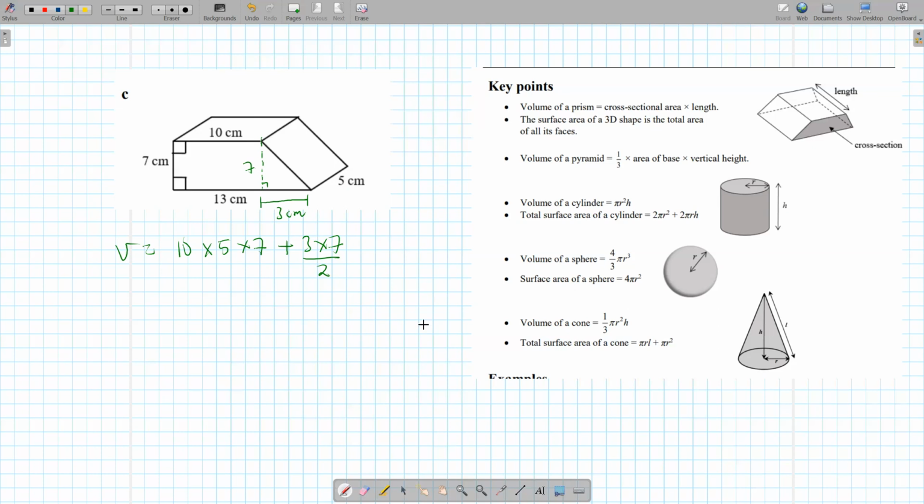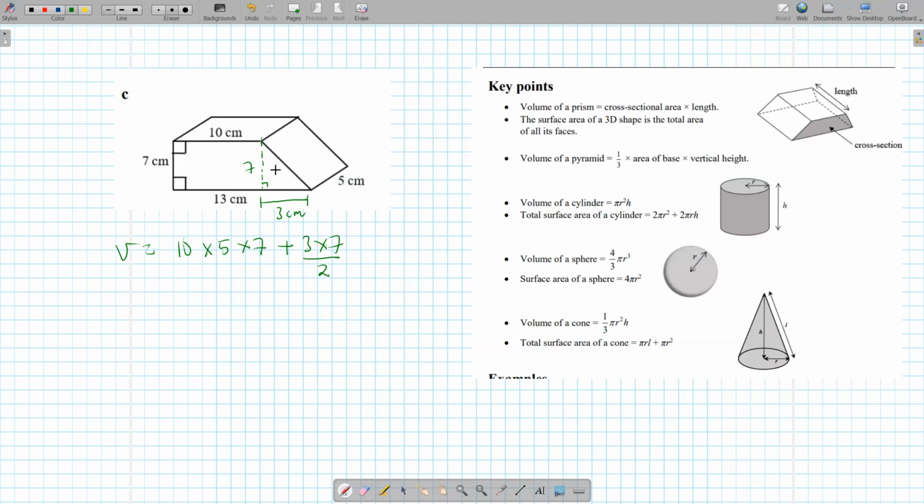And what's the height of the triangular prism? It's either 7 or 5. It's 7. No, 7 is the height of the base, okay?